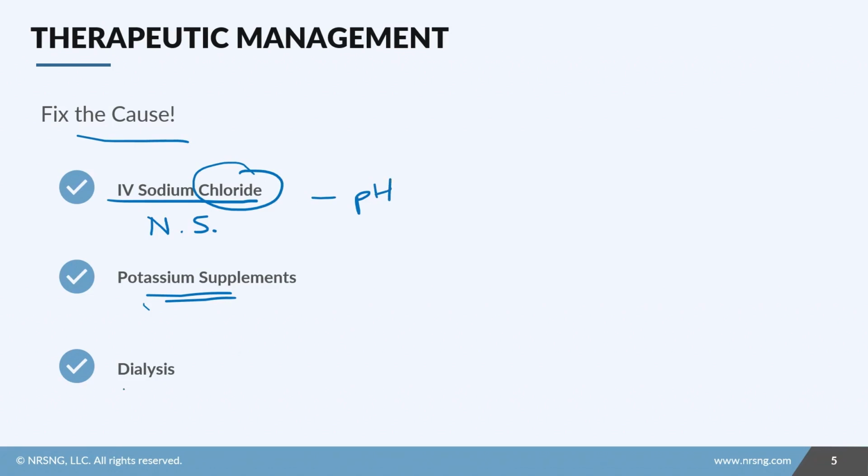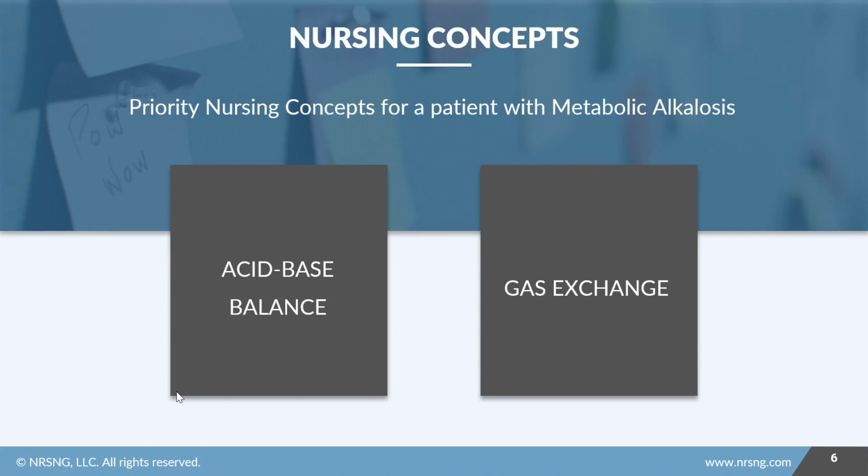And of course, we can always do dialysis to address any issues brought on by the kidneys and to kind of force correction of that acid-base imbalance. Priority nursing concepts for a patient with metabolic alkalosis are going to be acid-base imbalance and gas exchange. Remember gas exchange because the CO2 and the oxygen, that CO2 balance makes a big difference in our acid-base balance, even in a metabolic situation, because these clients are trying to compensate.